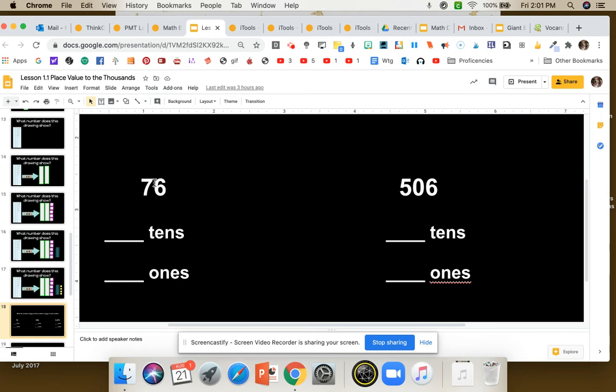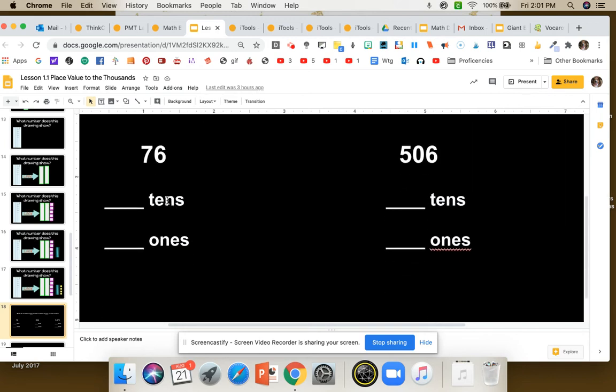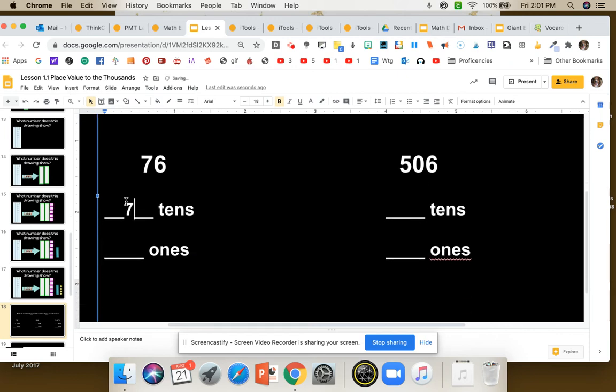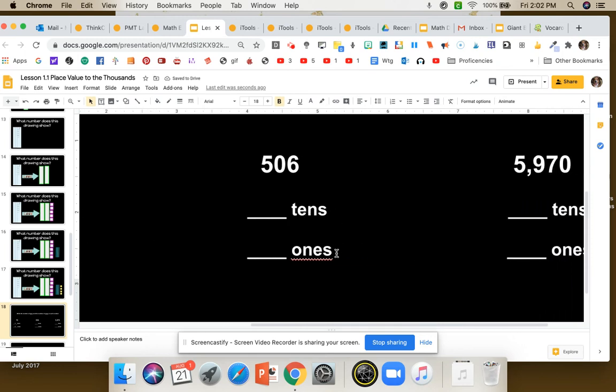So I'm going to think about place value. The tens place would be the 7. So how many tens are in the tens place? Well, 7. How many ones? Right here, 6. So we're just doing the tens and the ones place right now.